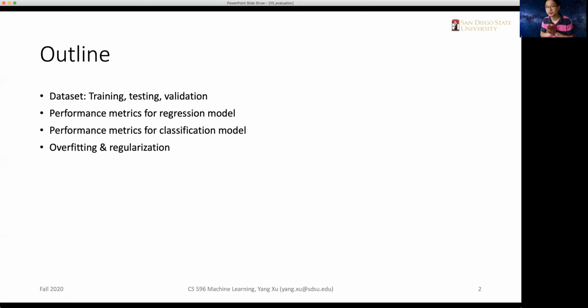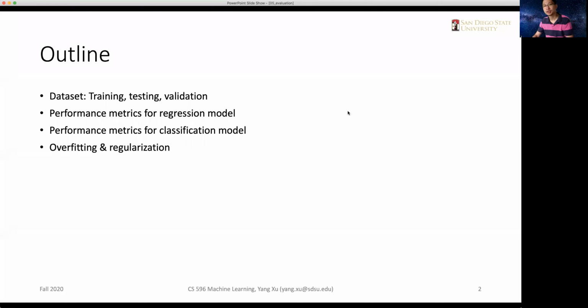In most cases, supervised machine learning deals with classification problems rather than regression, so our main focus will be on performance metrics for classification models. And lastly, we'll talk about overfitting and the ways to deal with overfitting.